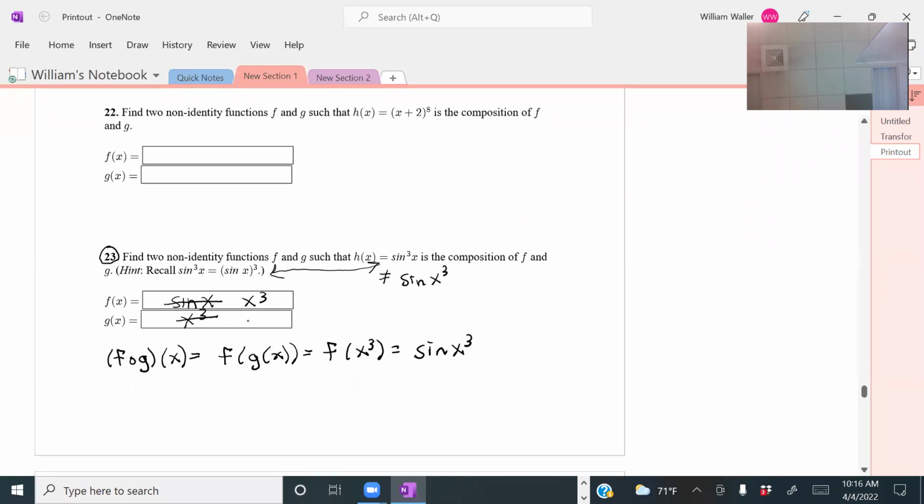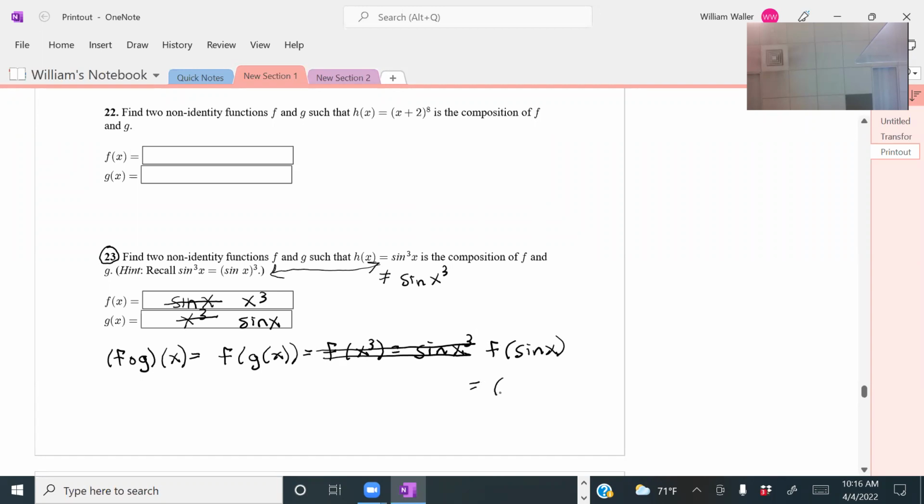So I'll put the cube here, and sine of x there. Now, when you compose them, it's going to come out different. You have f of g of x is sine of x, and f takes all of that and cubes it.